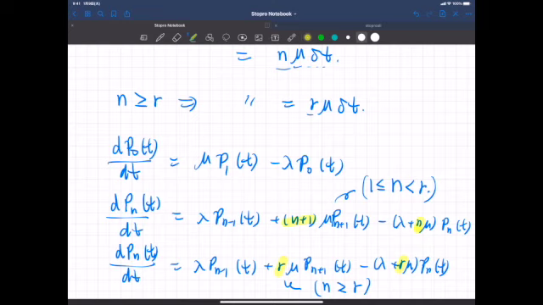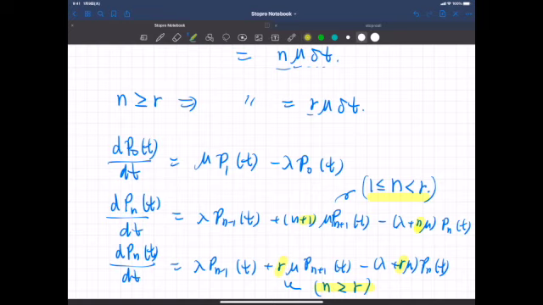So these n and r come because now the system can handle at most r customers at the same time, simultaneously. So that's why we have this. But we have to separate these two cases, n less than r or greater than or equal to r, because as long as there are fewer customers than the number of servers, then the efficiency of processing customers is proportional to the number of customers.